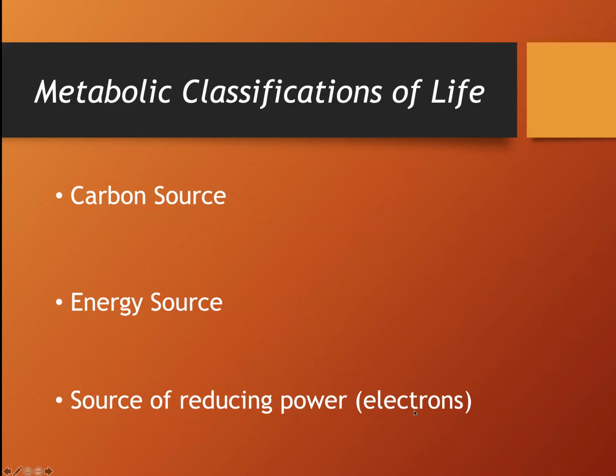When we have our section on metabolism later in the semester, and if you're taking bacterial physiology and bacterial biochemistry, you talk about these as well. We don't go into all the nitty-gritty details of making you memorize proton pumps and all that kind of stuff. But we do need to think about what it means for the ecology or lifestyle of where you get your carbon, your energy, and your reducing power from.